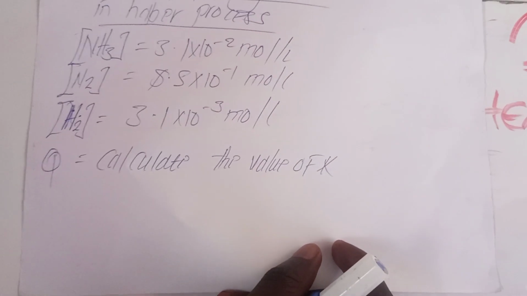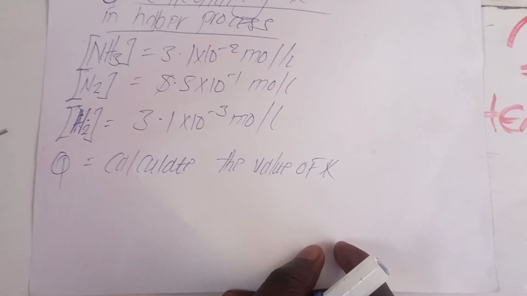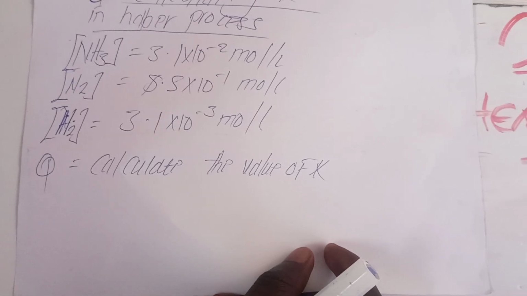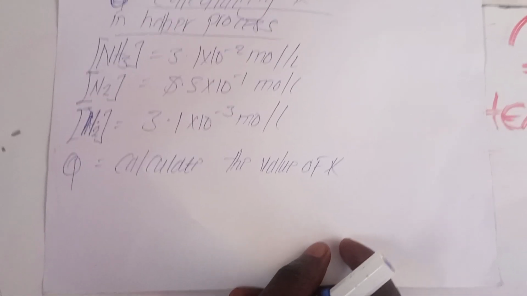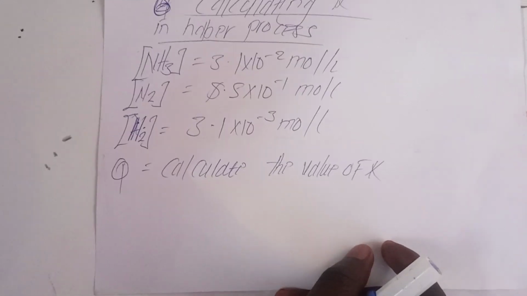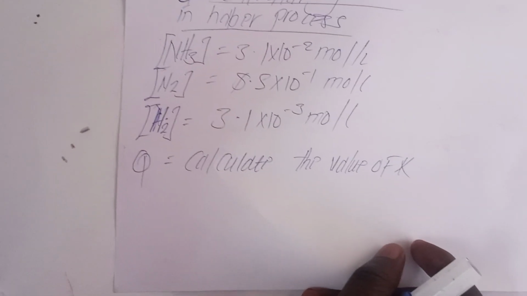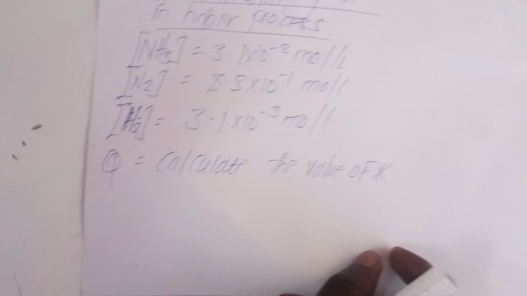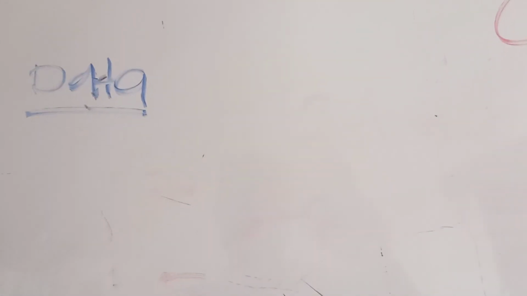We have ammonia 3.1, nitrogen 8.5, hydrogen 3.1 times 10 to the negative 3 mole per liter. The question is to calculate the value of K.